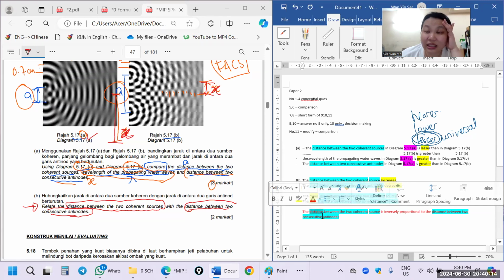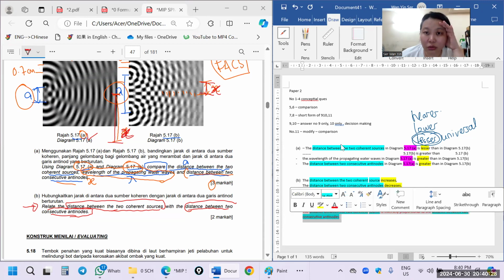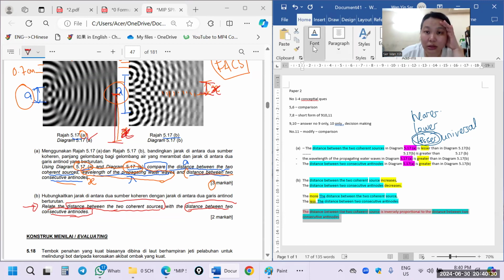Okay? Distance is a physical quantity. Yeah, you can compare. But if they ask the shape, then you cannot compare. You cannot say directly or inversely proportional. So I don't encourage you to use this. Use this tool enough.